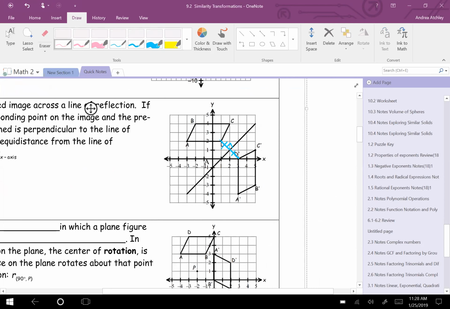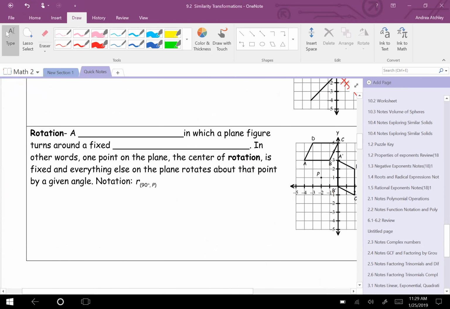You do the same thing for C. Connect C to C prime. You notice that that's also perpendicular to the line of reflection, and it is also equal distance. You can do that with A as well. A to A prime. Perpendicular, and this is congruent to this. Any questions over that?